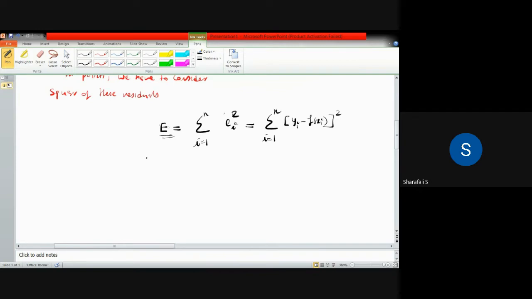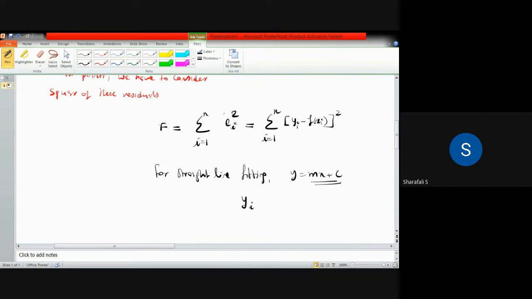Now for straight line fitting, y should be equal to mx plus c. This is the equation that you have to use for that fitting.